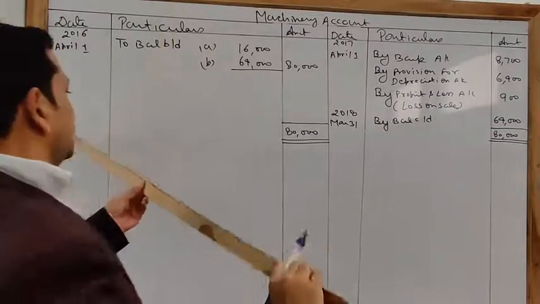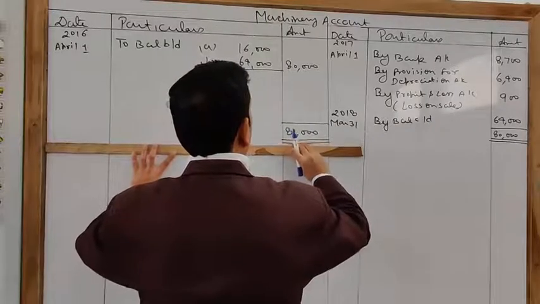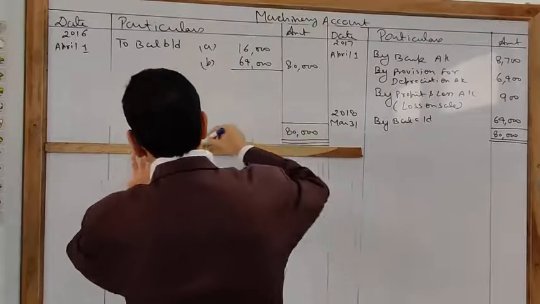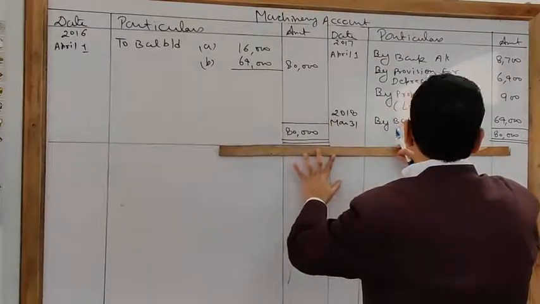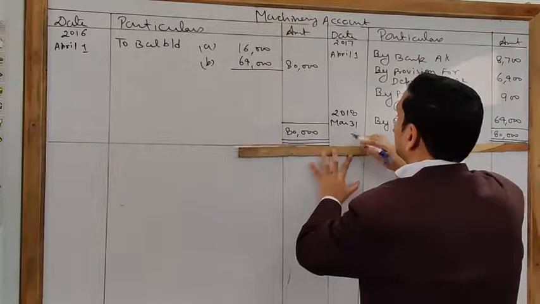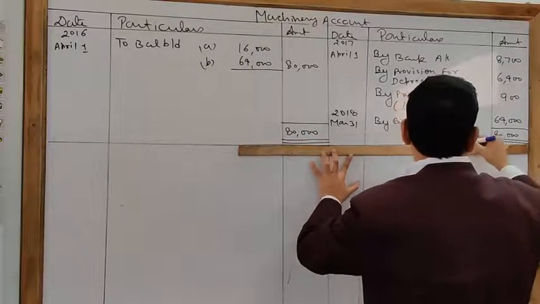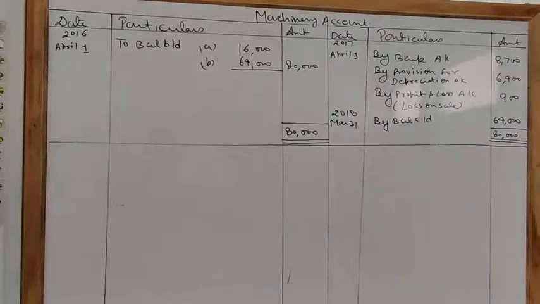So close it. Machinery account has been prepared. Now we are going to prepare the provision for depreciation account.